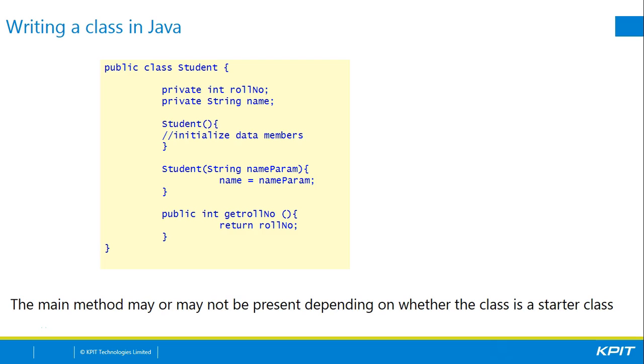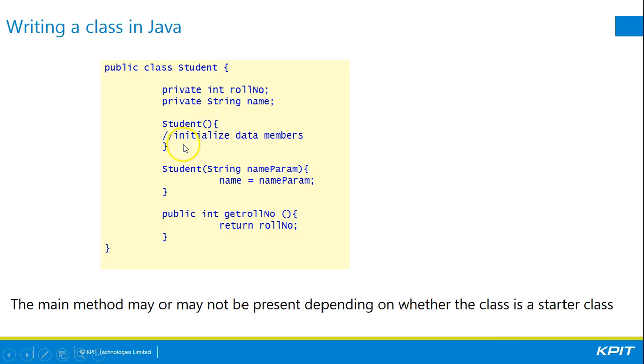So the syntax is very simple. You can see there we are creating a class called Student, which is a public class. We'll talk about the access specifiers very soon. So it is a public class Student, private int rollNumber and private String name. These are the two data members, and there is a special member function which has the same name as the class name, which is nothing but a constructor.